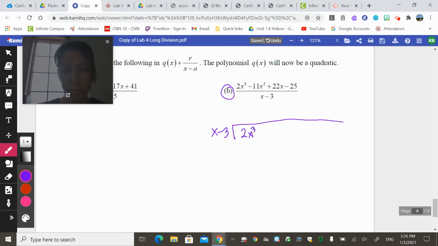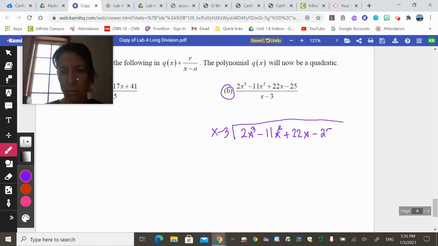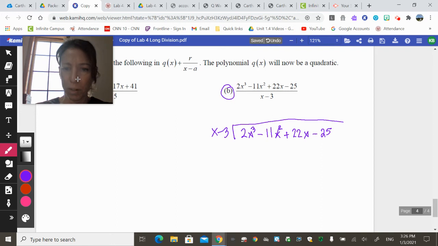Remember, we make sure it's a complete polynomial. It starts with an x cubed, and then it goes to an x squared, and then it goes to an x term. Okay, so it's a complete polynomial because every exponent from 3 in descending order is represented.